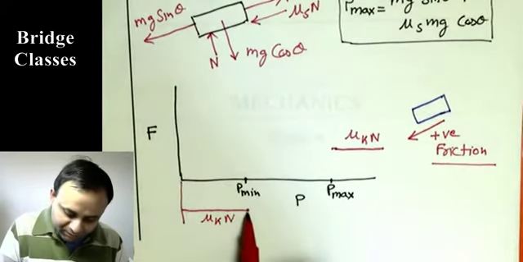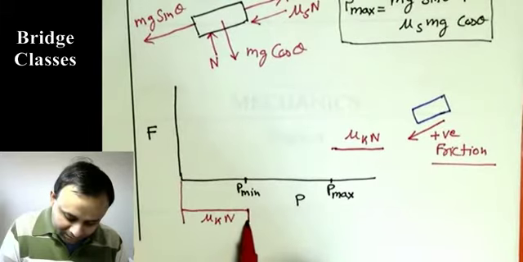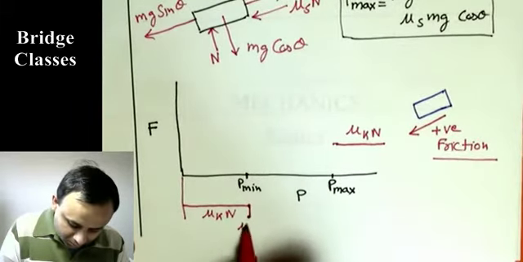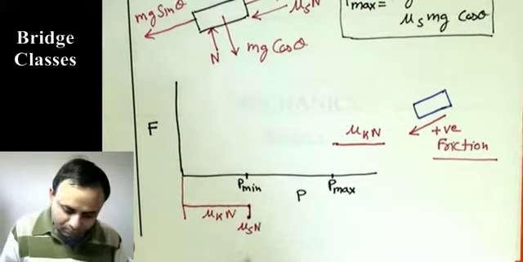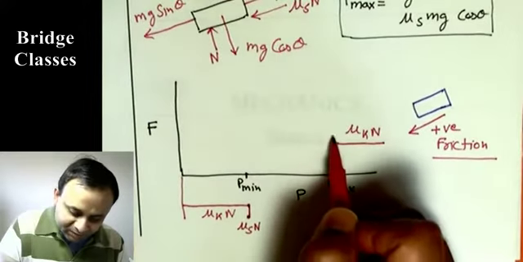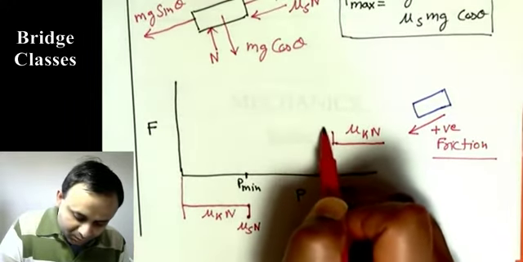The frictional force will be static friction, and this will be mu s N. Similarly at this point, this will be mu s N.